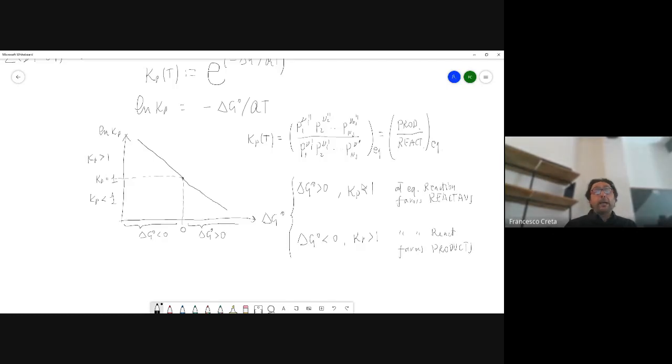Again, why? Because Kp, at equilibrium, is the ratio between products and reactants. So if this is smaller than 1, you have reactants in a concentration higher than products, so the denominator is higher and you have smaller than 1. If it's bigger than 1, it's the opposite.